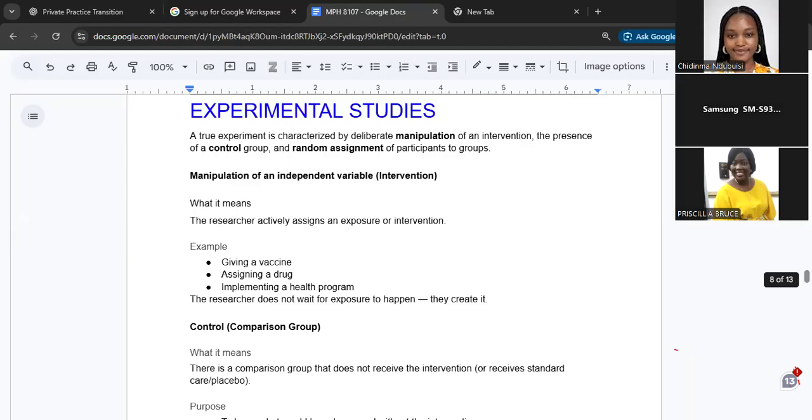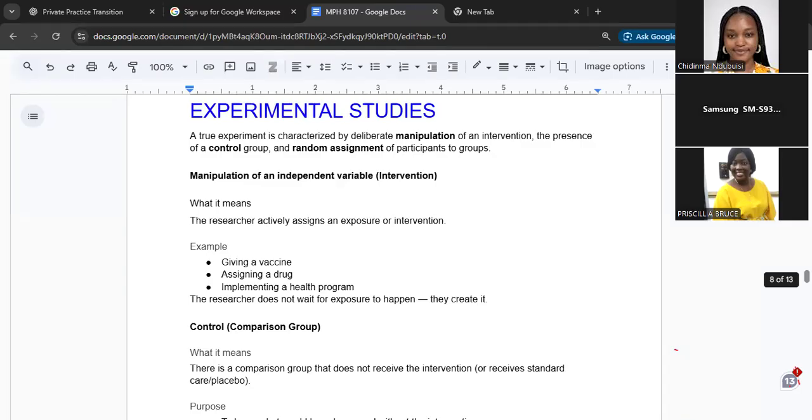Now, when we talk about experimental studies, there's a distinction that we need to make: a true experiment versus a quasi-experiment. A quasi-experiment looks similar to an experiment, but by the strict definition, it is not an experiment.